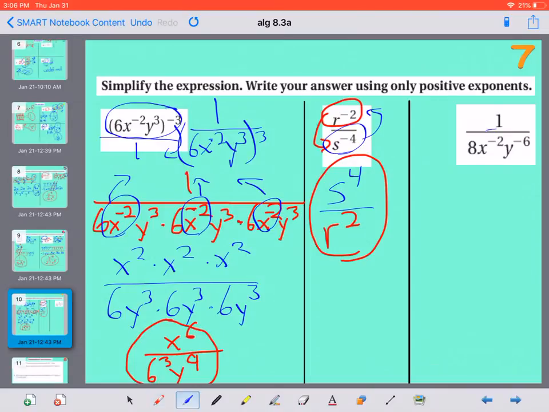Here I'm going to take x to the negative 2 and move that up, and y to the negative 6 and move that up. So what we would have then would be 1 on top with our x squared now, and y to the 6th over 8. We still have that 8 down on the bottom.